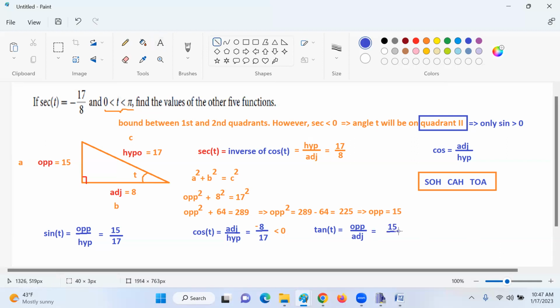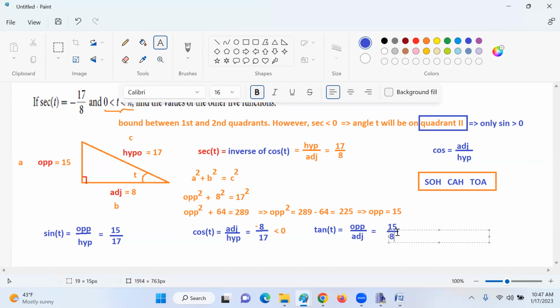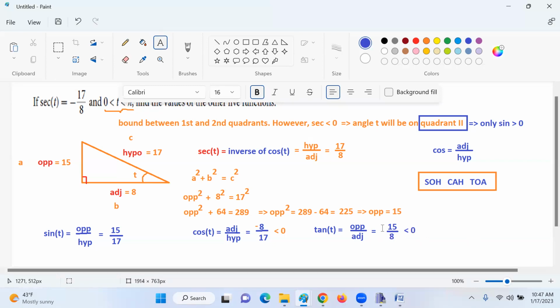Remember, the tangent will also be negative because it's in the second quadrant. Oh my goodness, it's really hard to draw. So this one is less than 0, so you have to put a negative sign in front.